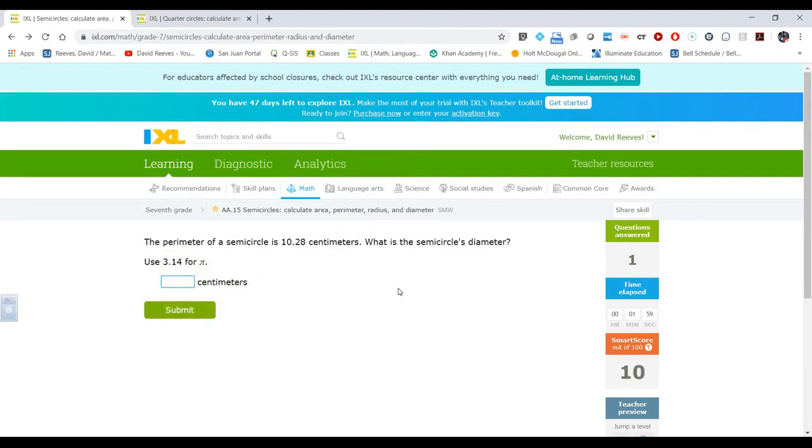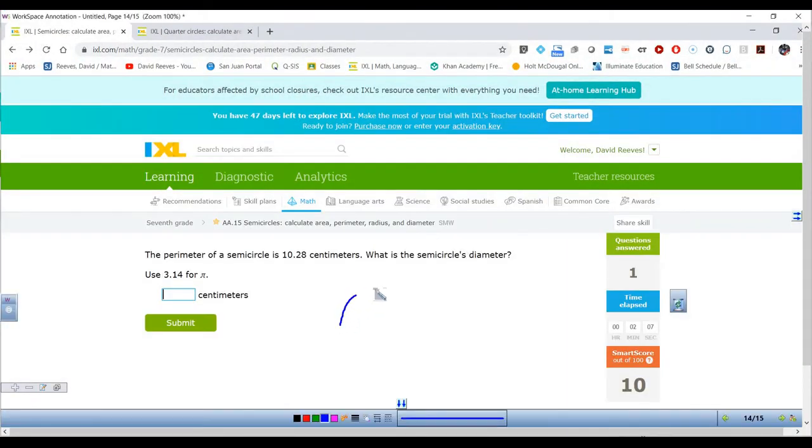All right, looking good. Here we go. The perimeter of a semicircle is 10.28 centimeters. What is the semicircle's diameter? This one's going to be more challenging. Here I have a semicircle. As you recall, if you have your notes, this curved part here is the diameter times pi divided by 2, and this part across here is the diameter.